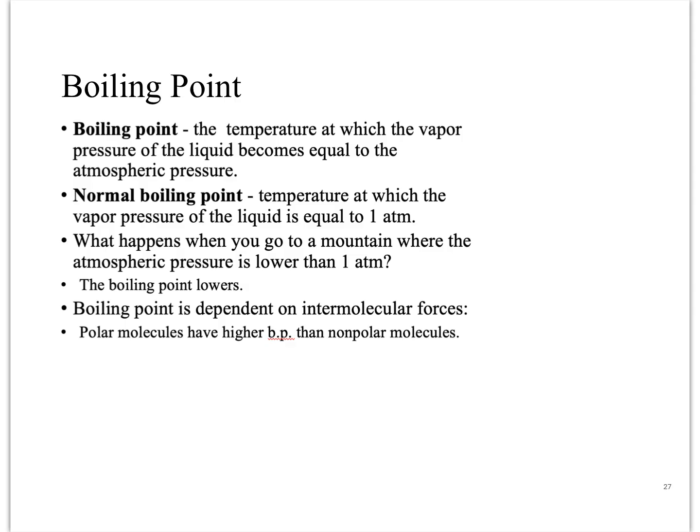For example, the boiling point of water is 100 degrees Celsius. That is, at 100 degrees Celsius and 1 atmosphere of pressure, the water will start to go into the gas phase from liquid, and that is the so-called boiling point.